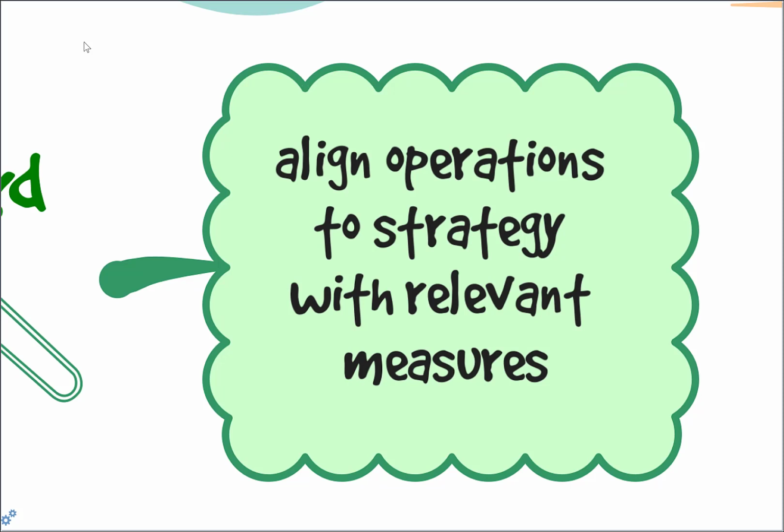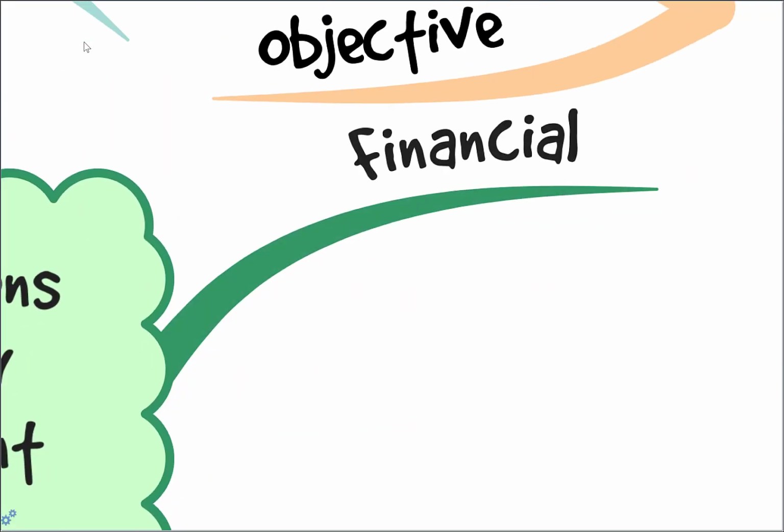So a balanced scorecard emphasizes the importance of four different perspectives when we want to align our operations to the organization's strategy. The very first one is the financial perspective: what do our shareholders expect from us?